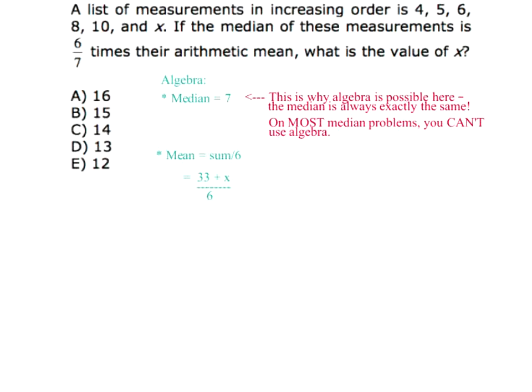The way you would set the algebra equation up is that the median, 7, is 6/7 of this. And then you would solve. Most people here are perfectly capable of algebra, so I think we don't need to do that on the board. That way we can get to some critical reasoning stuff. Any questions, go ahead and throw them in the chat box.